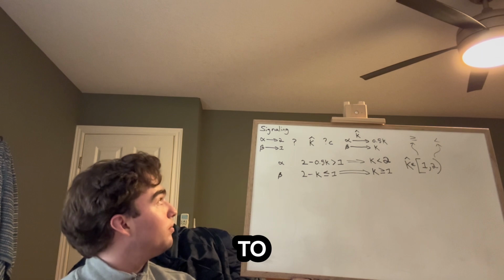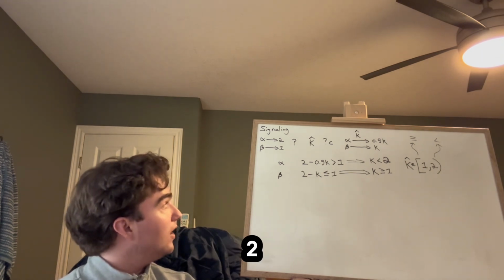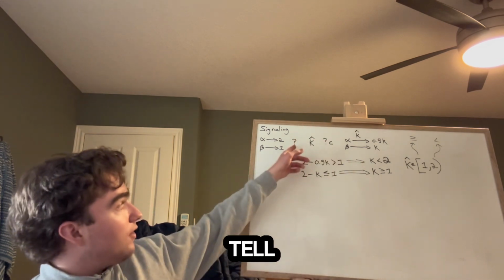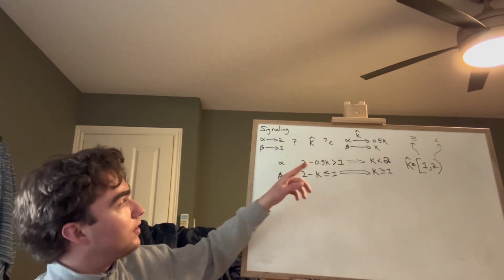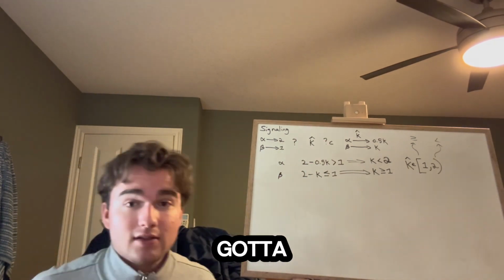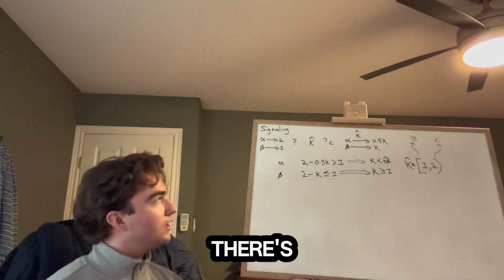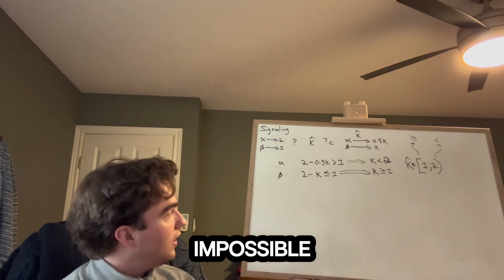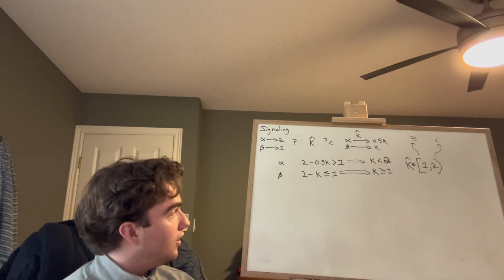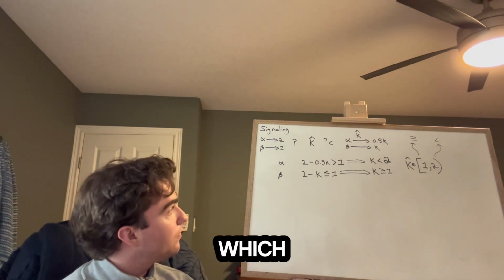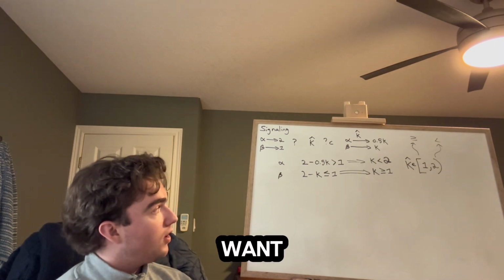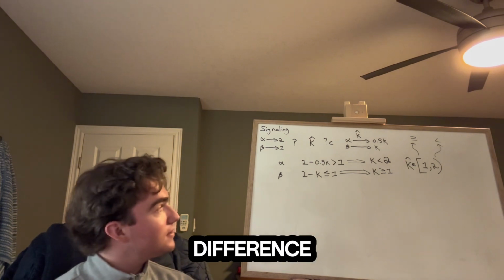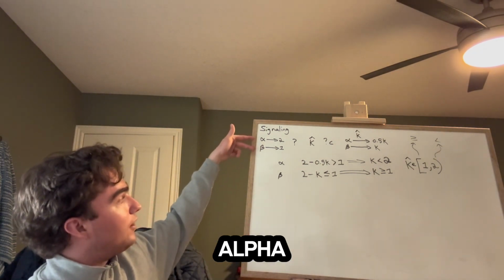So they'd like to pay alpha 2 and they'd like to pay beta 1, but they can't tell the difference between the two. There's an equal number and it's impossible to tell which worker is which. So the firm would like to know the difference between alpha and beta.